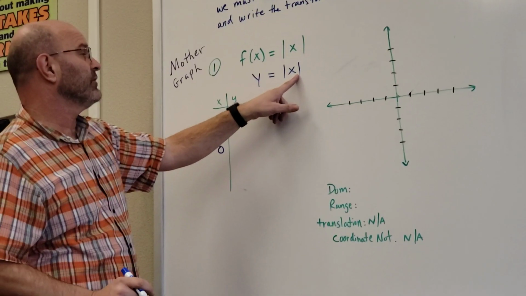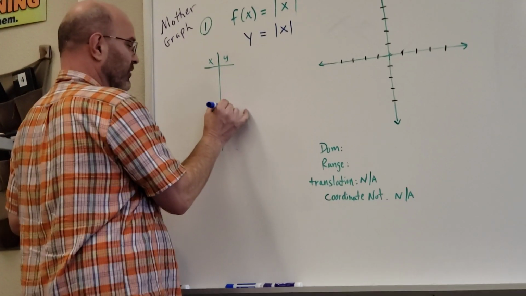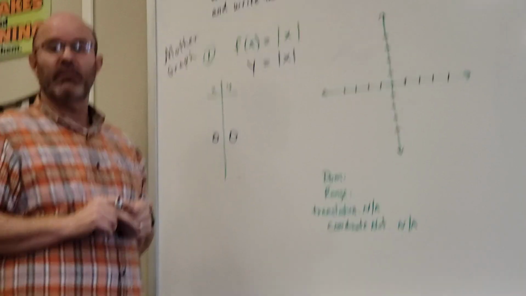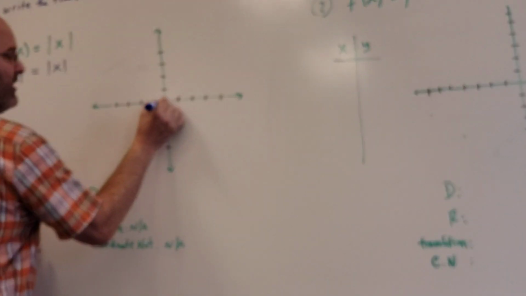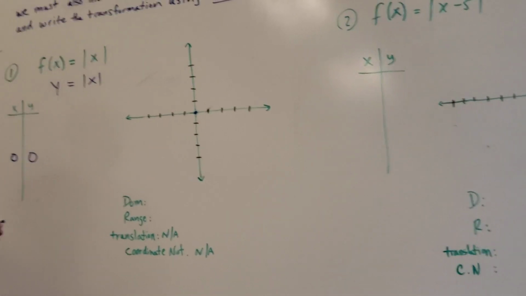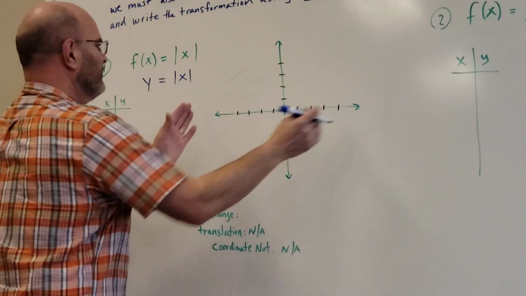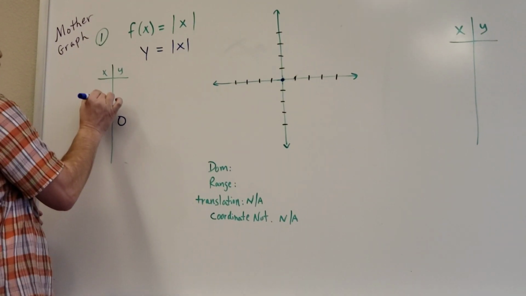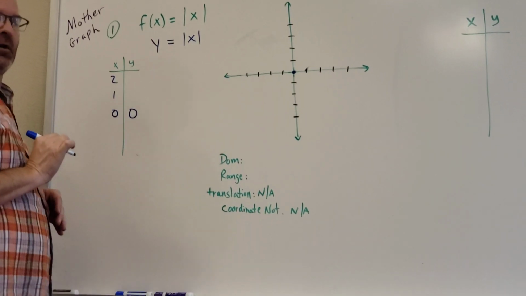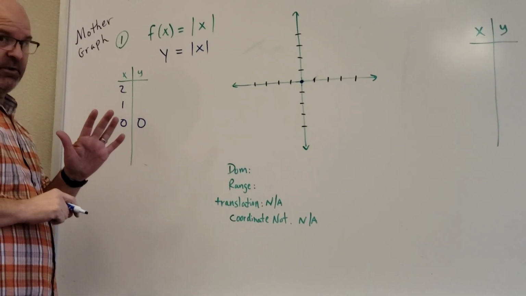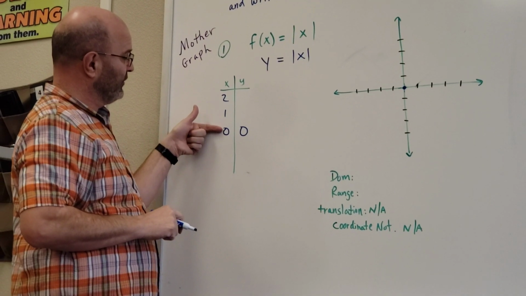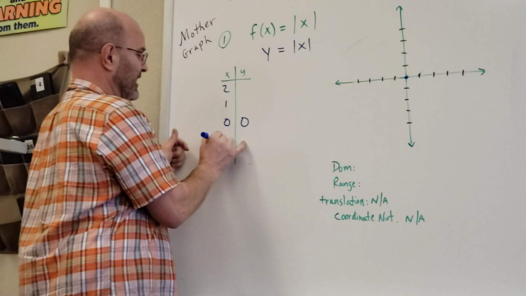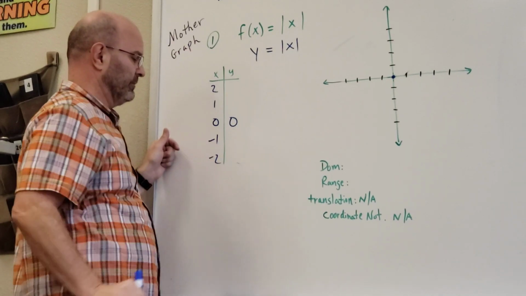And the absolute value of 0 is 0, so therefore, I already know that this graph must go through the origin. I'm going to put my first blue dot there. I want to see what's happening to the right and left of this point. So now I'm going to plug in 1 and 2, because I want 5 points to be listed. I'm plugging in 1 and 2, and now I'm going to evenly space go down from 0 to -1 and -2.